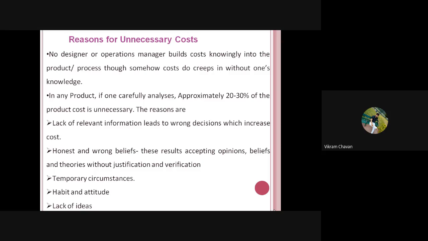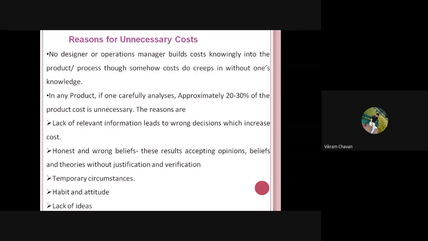If you analyze all the functionalities and the cost associated with each functionality of the product, you will come to know that there are 20 to 30% unnecessary costs. These costs arise due to some problems.